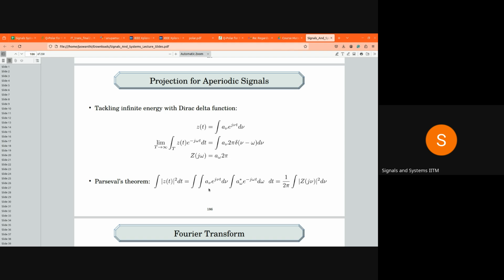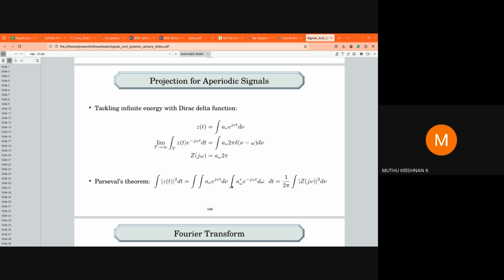Does that answer your question, or do you still have confusion? In the second line, we are taking just the inner product, right? Yes, exactly. Mod z of t square is the inner product, and that can also be written as z of t times the conjugate version of the signal.